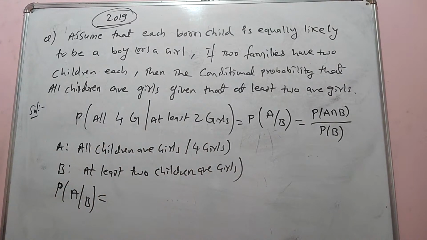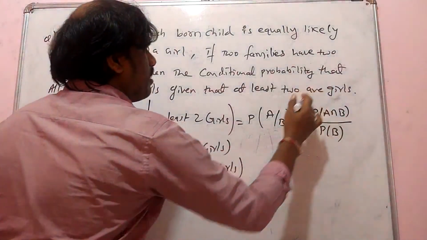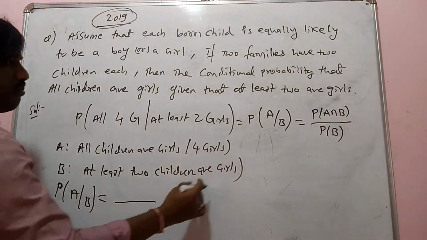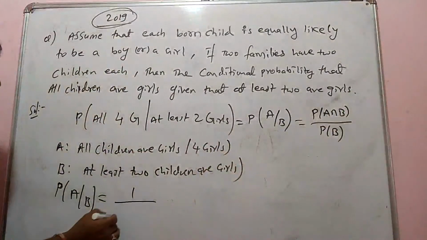So here probability of all girls will be how much? Probability of A intersection B will be the probability of all girls.